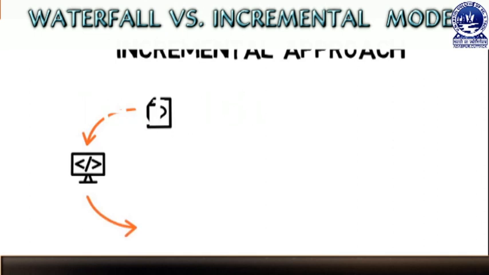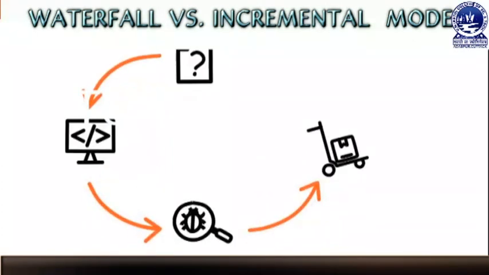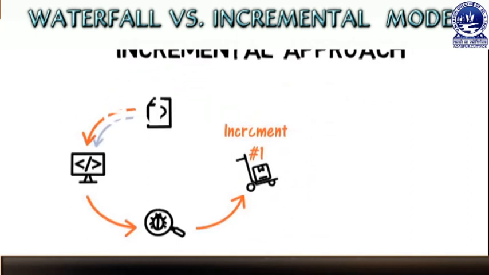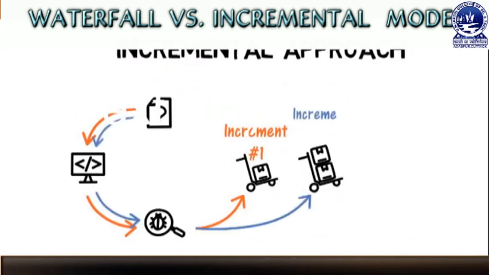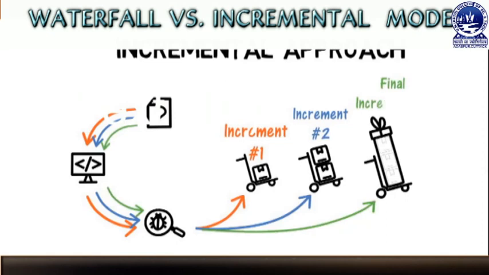Here we deliver a functional website with a few important features that the customer can start using. This is called the first increment. Then we go on adding the new features in the form of increments. It continues until the final product is delivered.